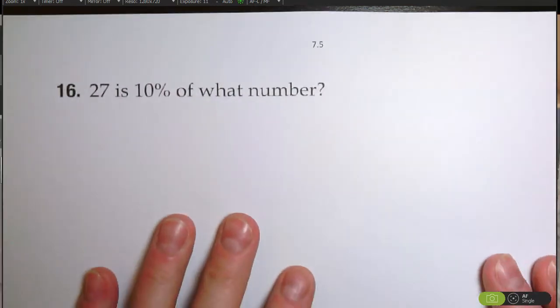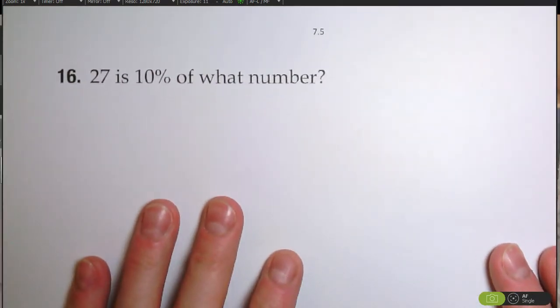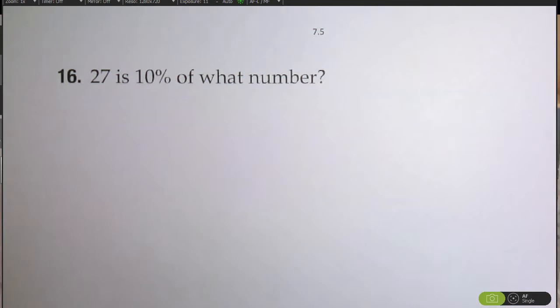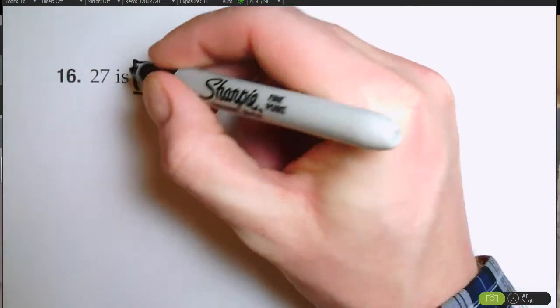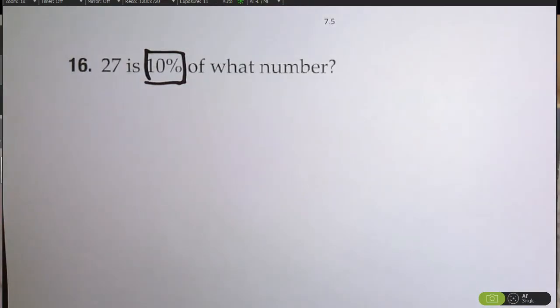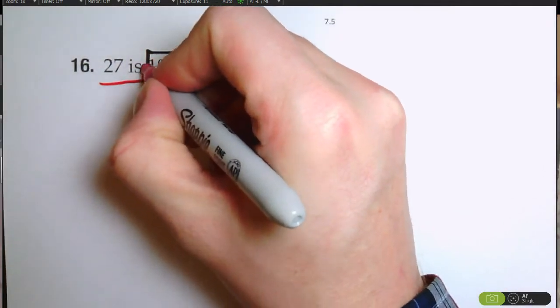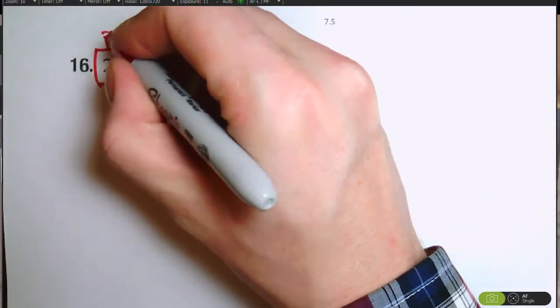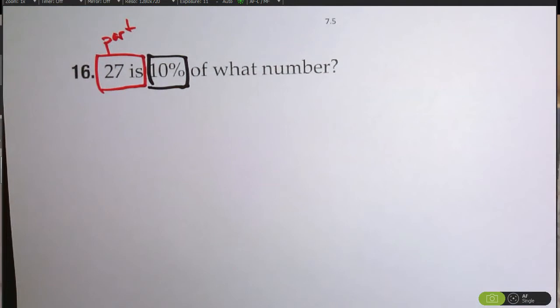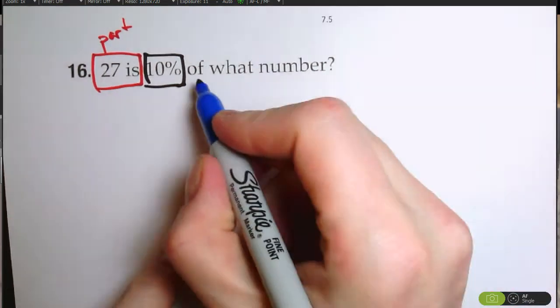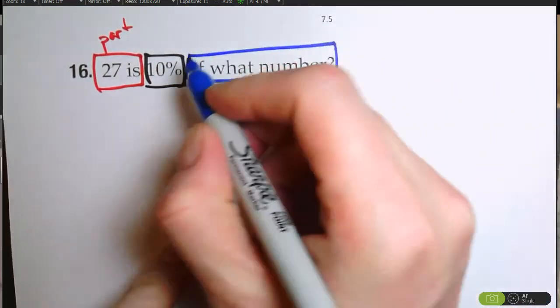Okay, now on this one it's asking us 27 is 10% of what number? Well, I know the percent, 10%. And then I have to recognize, oh, this says 27 is. So that's the part. Okay, which means I'm looking for the "of," which is the whole.